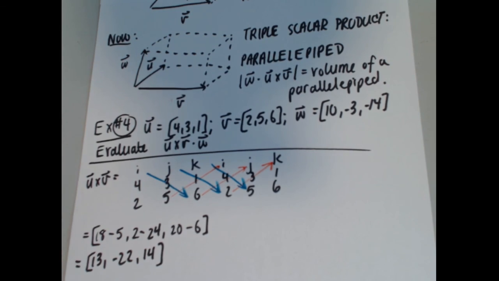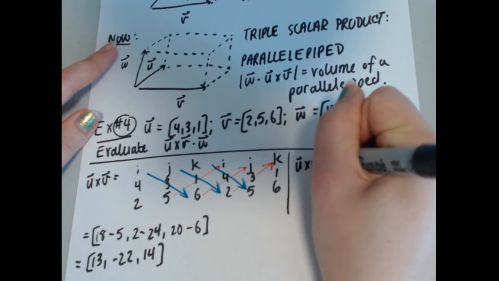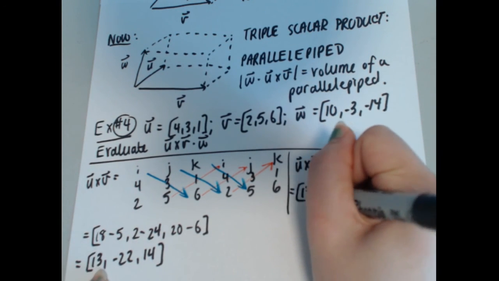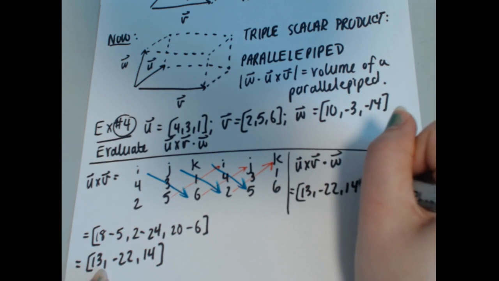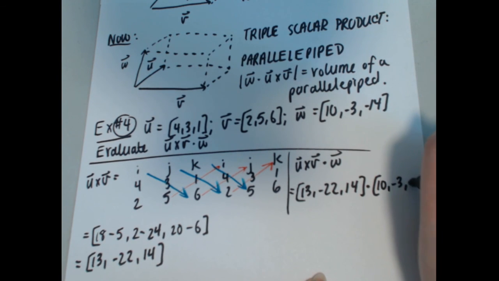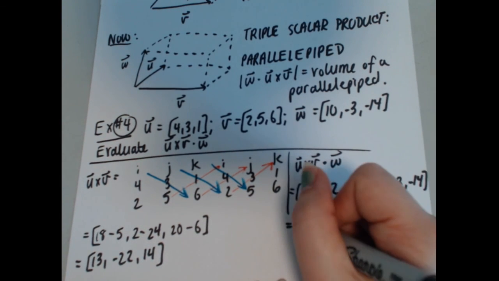Now we take that vector and we dot it with W. So U cross V dotted with W. So we have 13, negative 22, 14 dotted with W, which is 10, minus 3, minus 14. All right, so let's take the dot product.